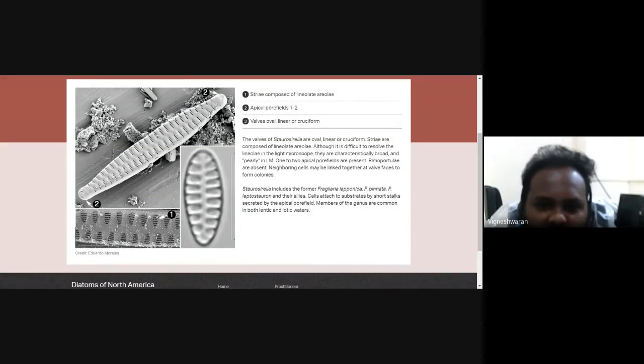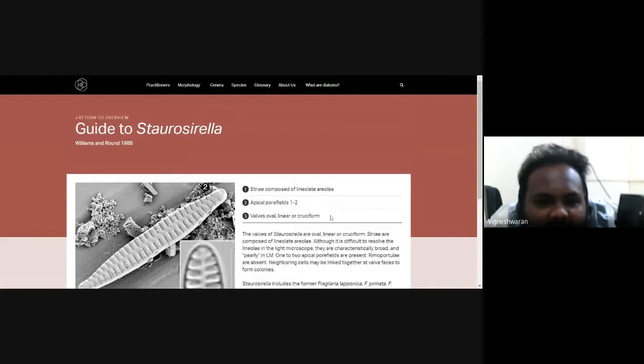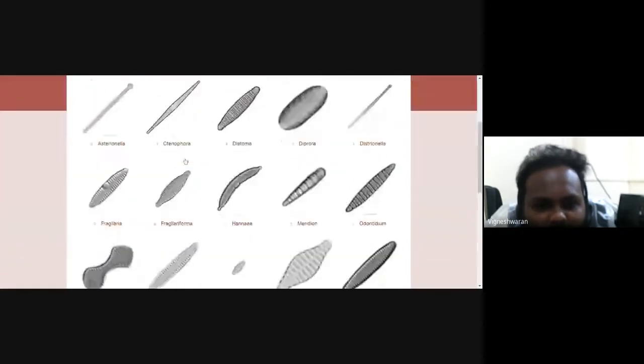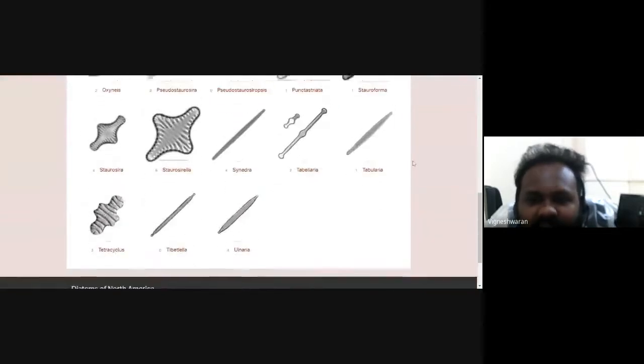That is called the apical pore field, just a pore which may help with motility. They gave everything clearly, like how the walls look. In the SEM image, in the middle, there is no raphe, and that is why they call it araphid. So we will go back. These are some of the genera of araphid.